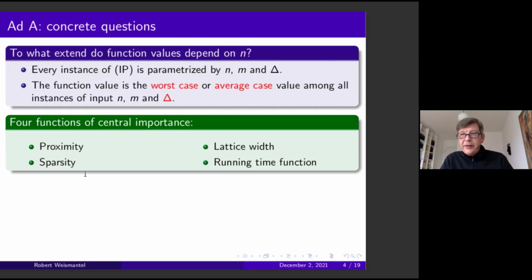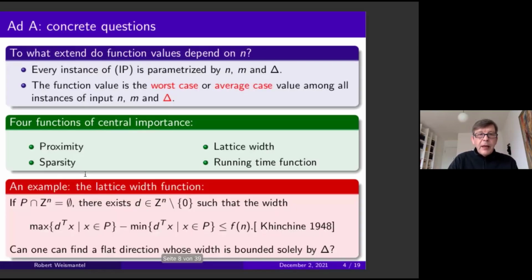So the lattice width asks, given this polyhedron and assuming that there's no integer point in the polyhedron, can we find a flat direction? A flat direction, which ideally depends on delta and not so much on n. And finally, the running time function, that's pretty obvious. That's just the time it requires to compute an optimal solution.